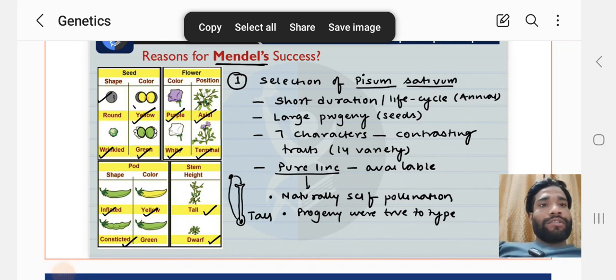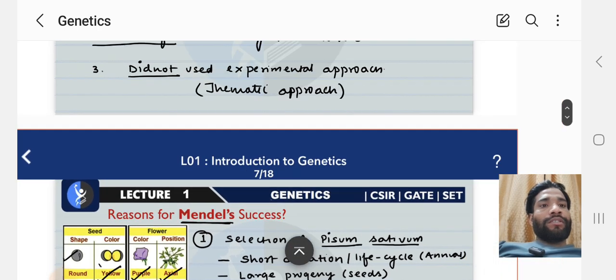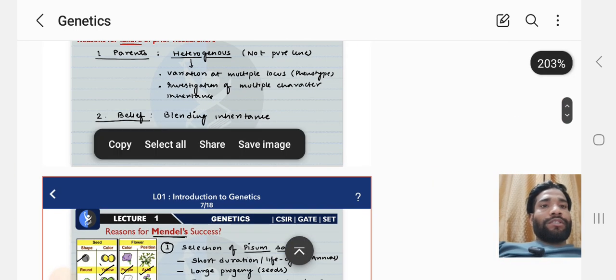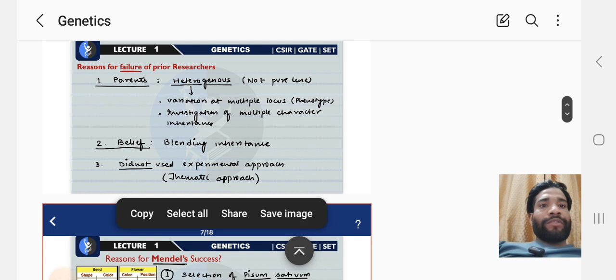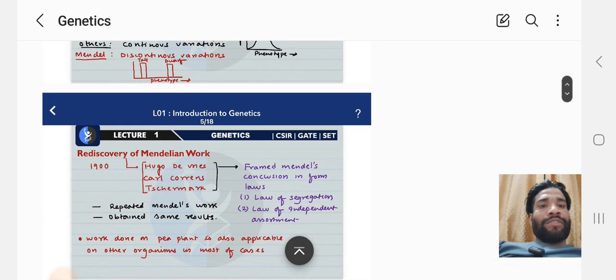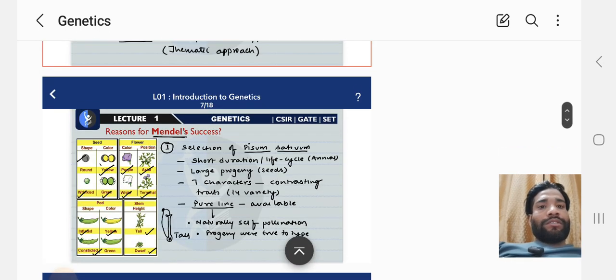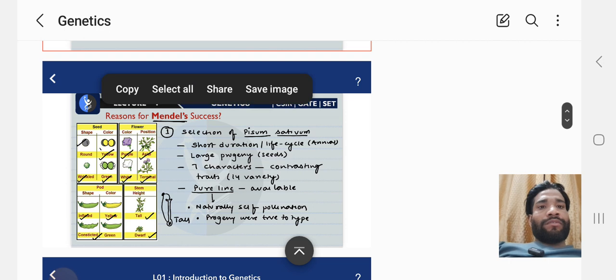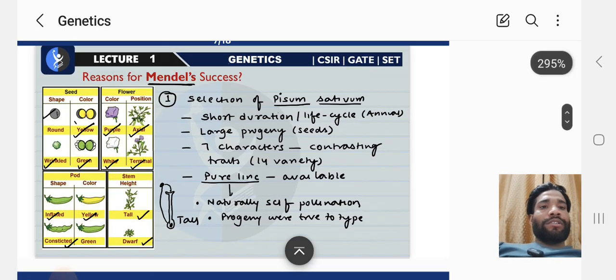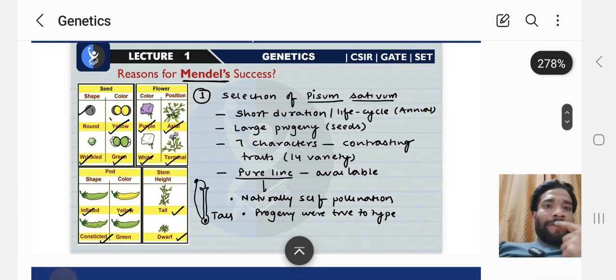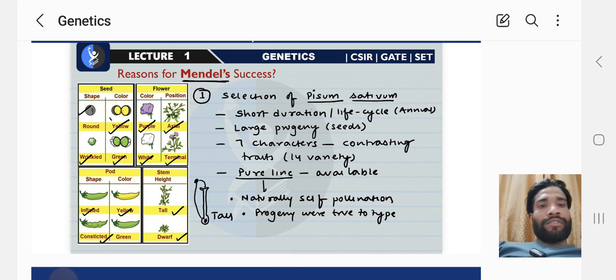Today we will start the next concept of genetics. In the previous video, we talked about the introductory lecture of genetics, and now we discuss the reason for Mendel's success, कि जो हमारे मेंडल भाई साहब थे वो कैसे सक्सेस हुए.